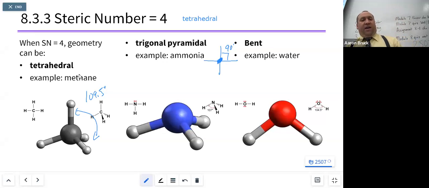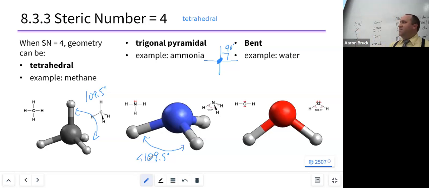In terms of bond angles, we know that this lone pair is going to squeeze these bonds together a little bit. How much do they squeeze them? Don't know. Or at least we don't have a definitive rule of thumb. So we're going to use less than 109.5 degrees as our mark here. Now in ammonia, it's actually 107 degrees, but that's not a hard and fast rule.